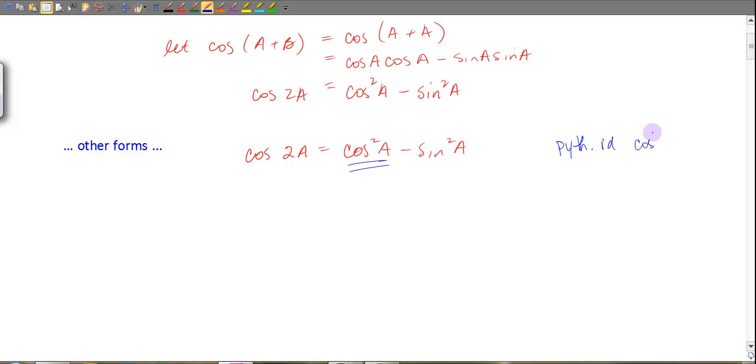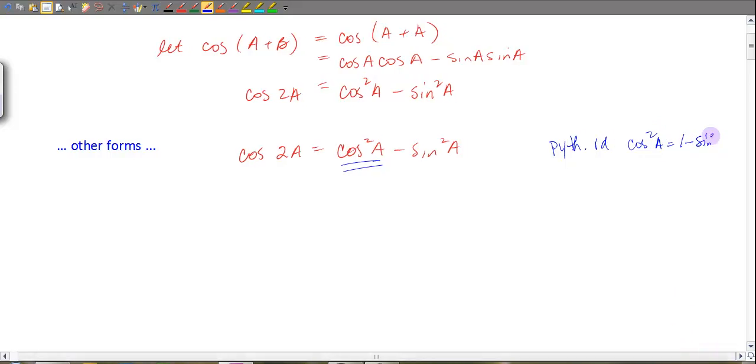It would look like the cosine squared A is 1 minus sine squared A. So we're going to replace this with 1 minus sine squared A minus the sine squared A I already had there. And let's simplify this. So I have 1 minus 2 sine squared A. So that's another form that I can see the double angle for cosine in.